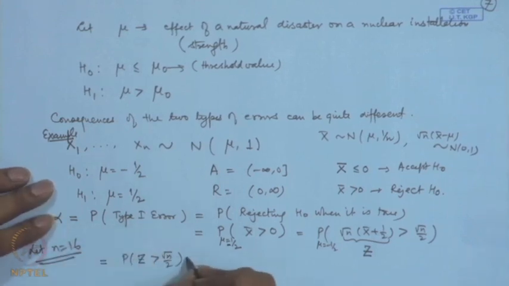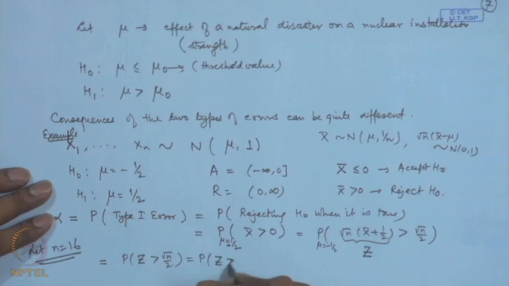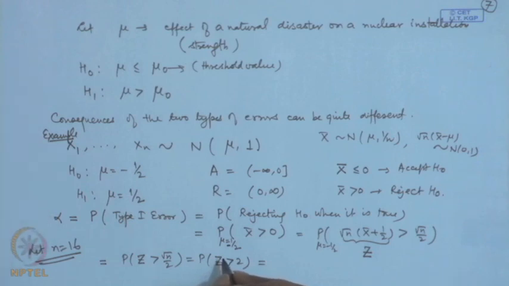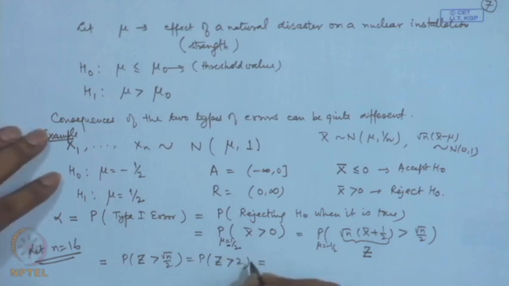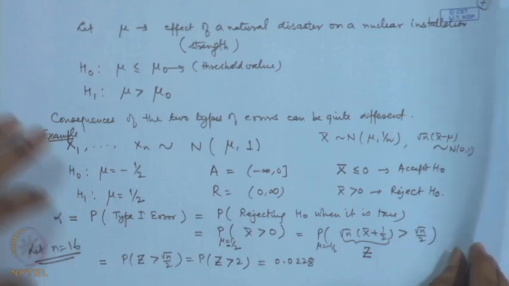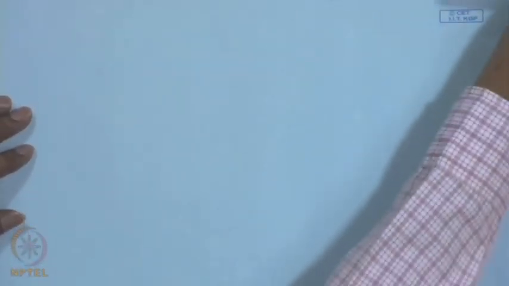If n is equal to 16, this is the probability of z greater than 2, where z follows normal 0, 1. The probability of z greater than 2 is 0.0228 if we see the tables of the normal distribution. So, the probability of type 1 error is 0.022, that means it is nearly 2% probability of type 1 error. Now, in this case let us also consider beta.